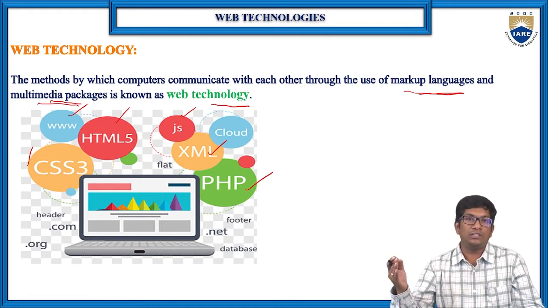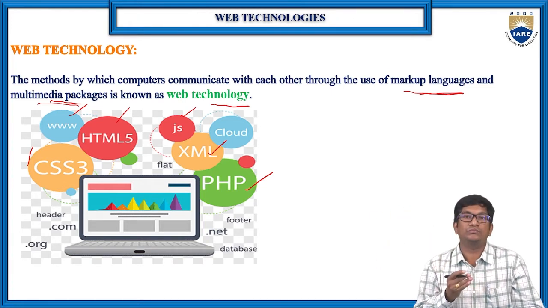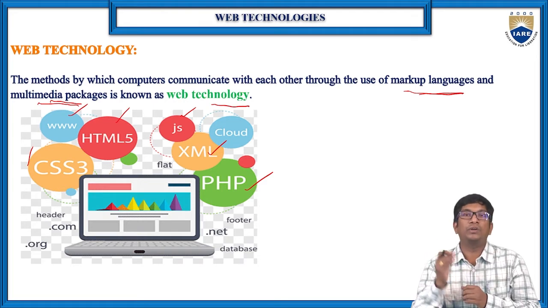Server-side technologies run at the server, and they connect to the database when your client sends a request. At the client side, we are using a browser. By using the browser, by entering the URL, we are viewing a particular website.